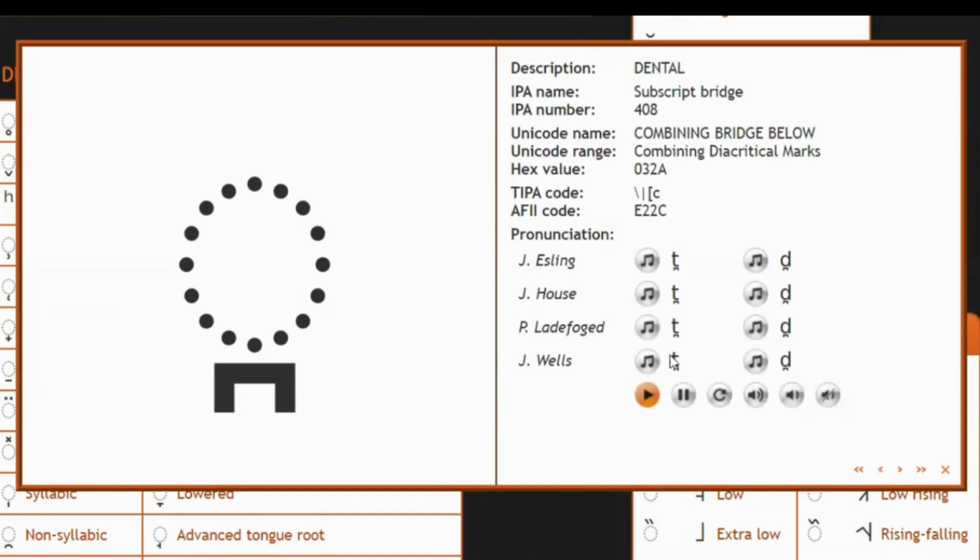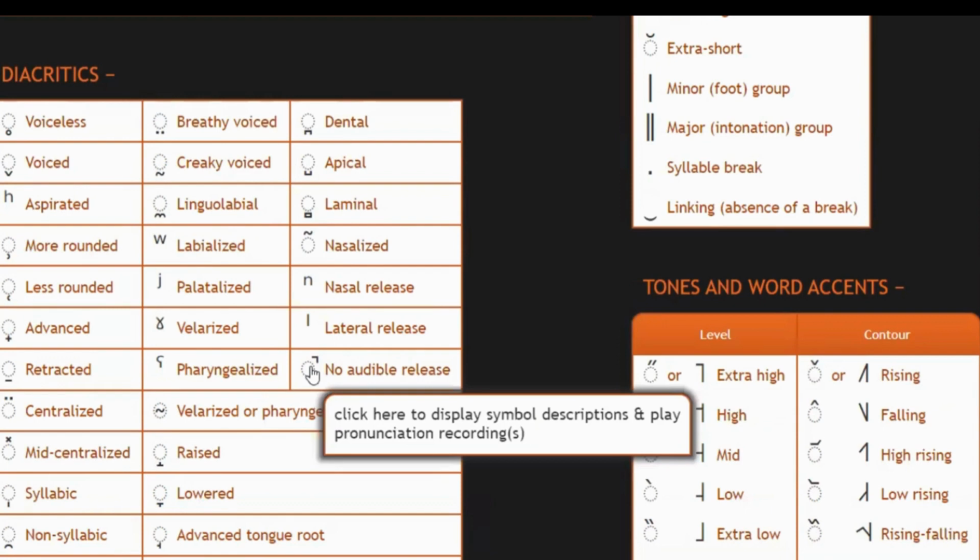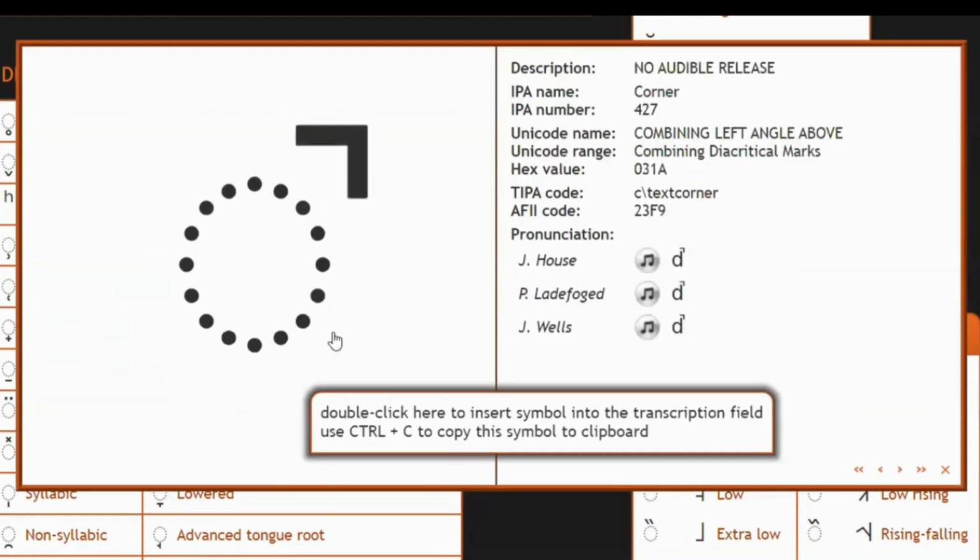That sounds aspirated to me as well. Da. These are the voiced. All right.